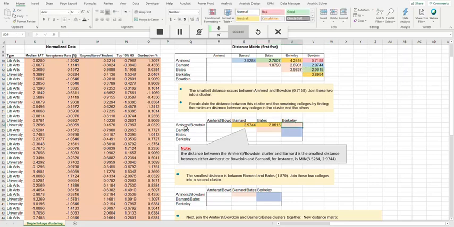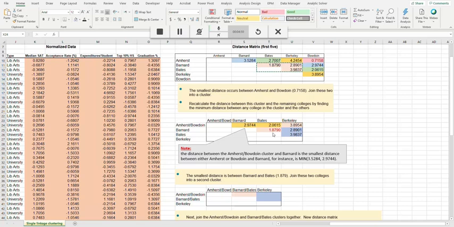Same manner, we look at Amherst and Berkeley, this yellow one, and we look at Bowdoin and Berkeley, this yellow one. So the minimum is this one. And I will just copy and paste the other values. Again, we have completed our distance matrix.